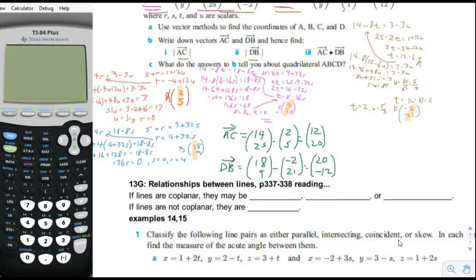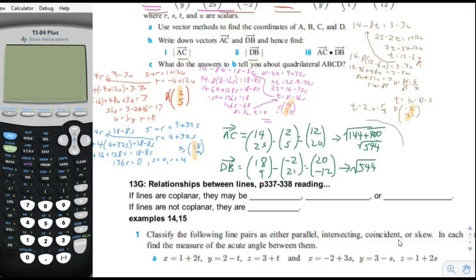And then we can find the magnitudes of each one of those. So the magnitude of this would be the square root of 144 plus 400. So it would be the square root of 544. And this one also the square root of 544 for the magnitude. So the magnitude of AC and the magnitude of DB are actually the same.